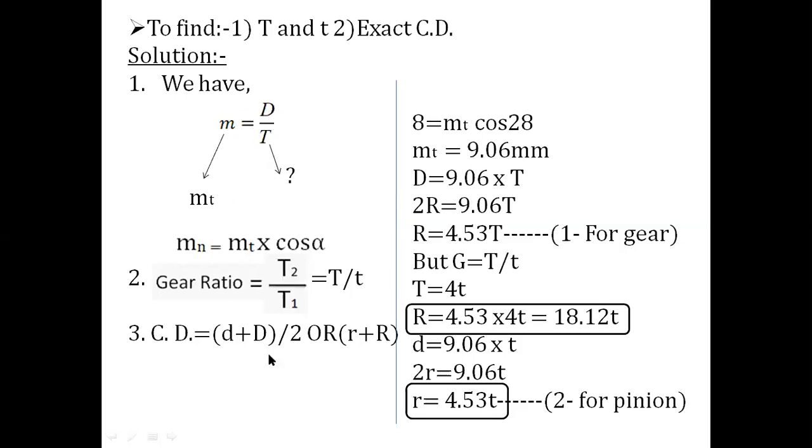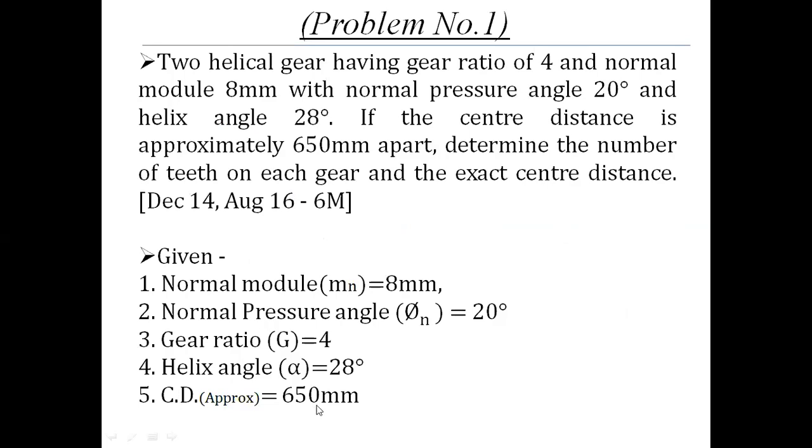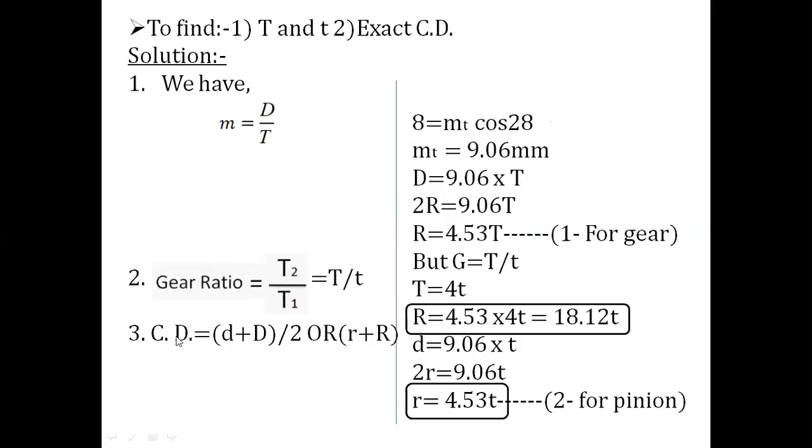By putting the values of capital D and small d in the center distance formula, where the center distance is given as 650 mm, one unknown will remain, so we can find small d and capital D. Let us start to solve the numericals.